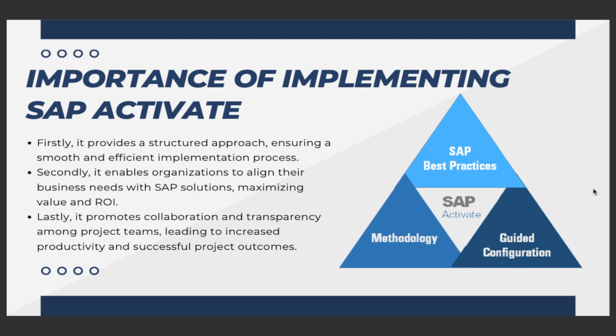The most important thing for organizations is that they have transparency about the processes. We are doing this and we are doing that. Also the collaboration and minimizing risk. So this is the importance of SAP Activate.